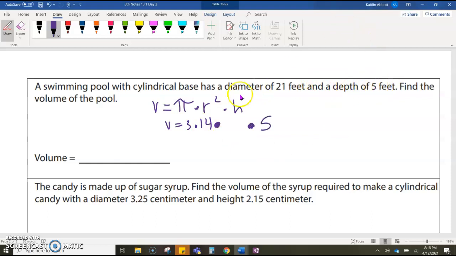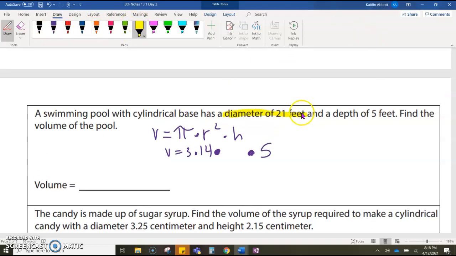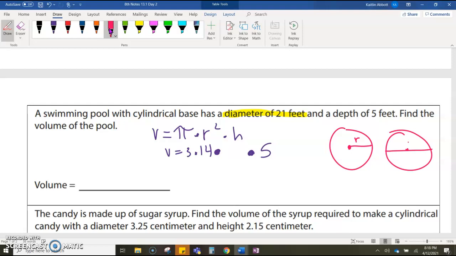So we need the radius. Remember, the radius is half a circle. Diameter is a full circle, the across. This is radius. This is diameter. So they gave us the diameter is 21 feet, but a radius is half the diameter. So I need half of 21.